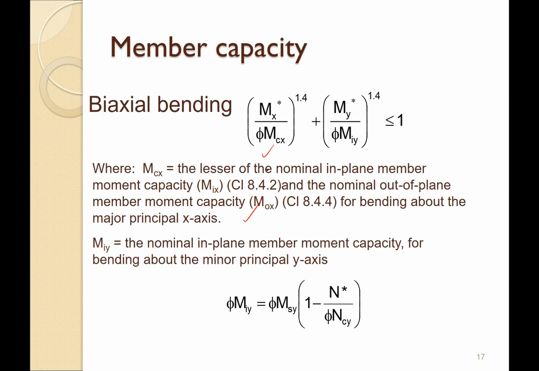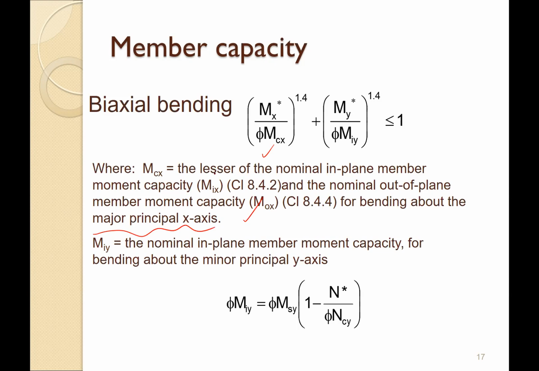We calculate two capacities, the nominal in-plane member moment capacity Mix and the nominal out-of-plane member moment capacity Mox, and then get the lesser of these two. Remember, we are talking about major principal x-axis bending. But in this case, if you allow out of plane, there could be lateral torsional buckling and that can reduce the moment capacity. And that's what we are calculating as Mox.